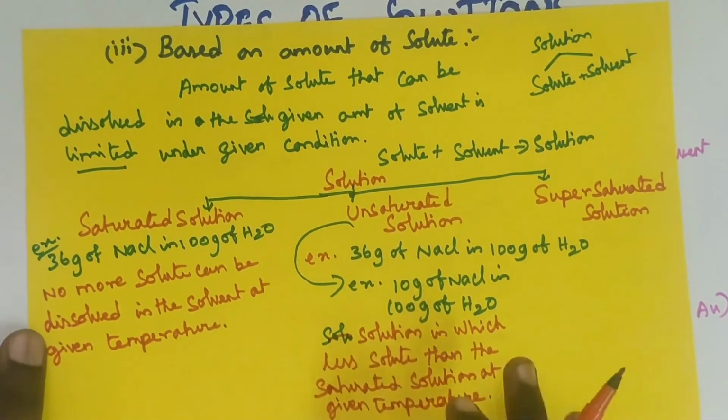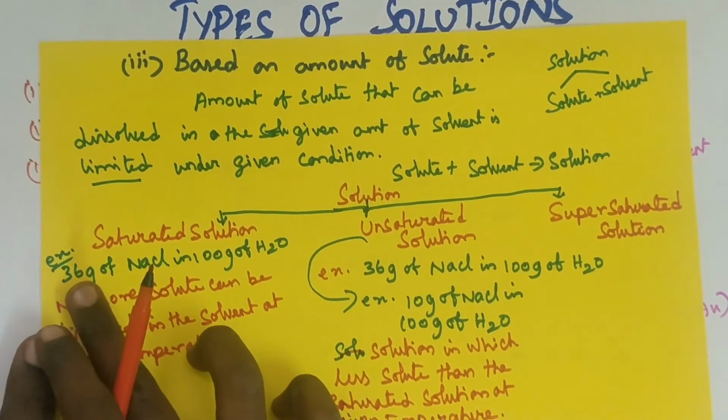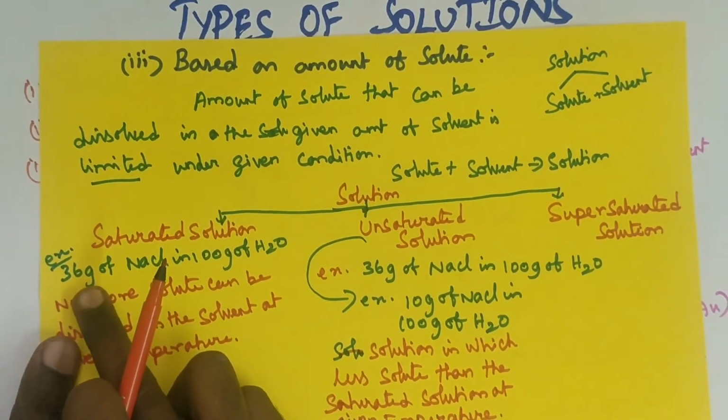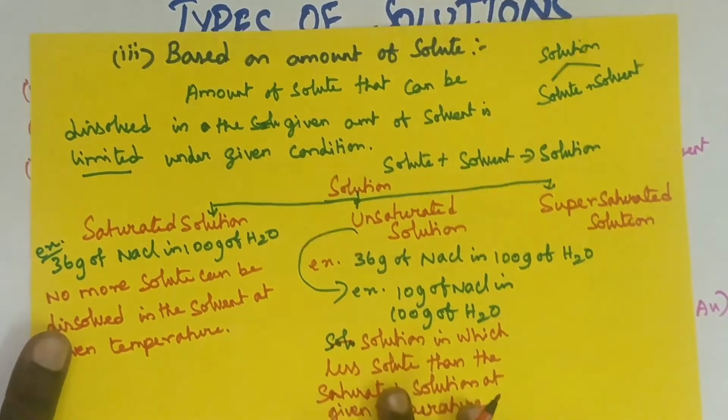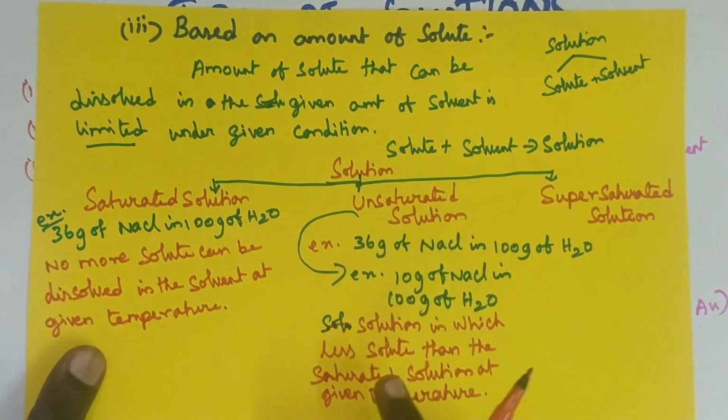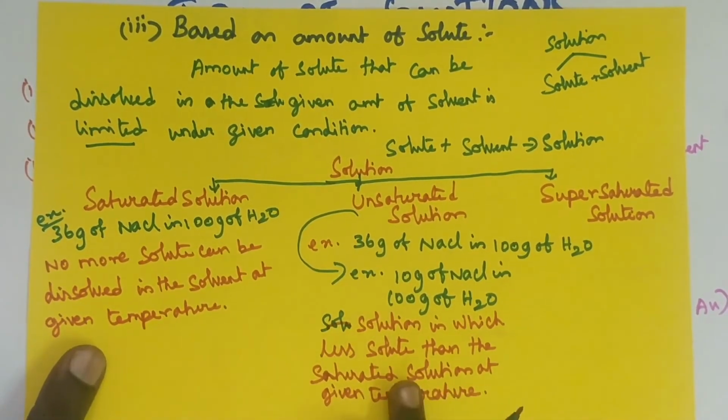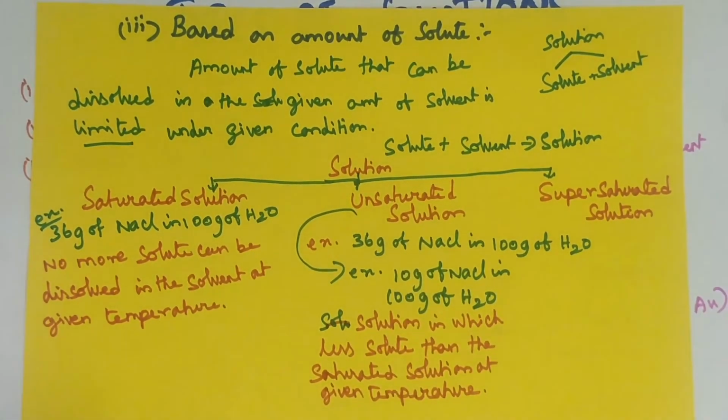So in this case, saturated solution we can dissolve up to 36 gram. So you compare with 36 gram, 10 gram is very less. That's why in unsaturated solution, less solute than the saturated solution at a given temperature is called unsaturated solution.